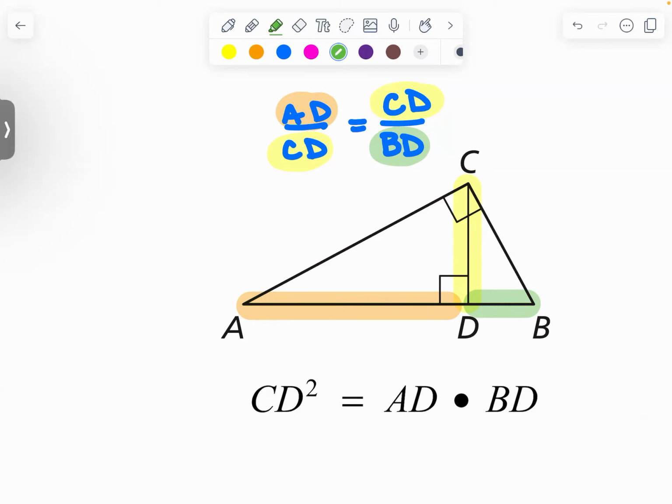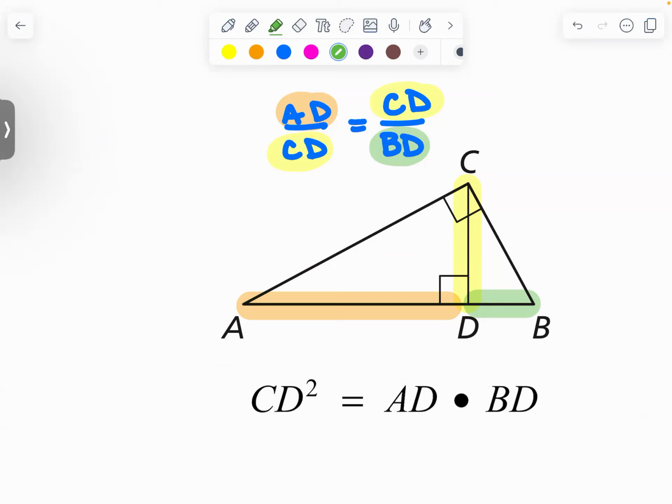So if we have our right triangle with the altitude drawn from the right angle, we know we have three similar triangles, but what's going to happen every time is that the altitude is going to be the geometric mean between the two segments of the hypotenuse.